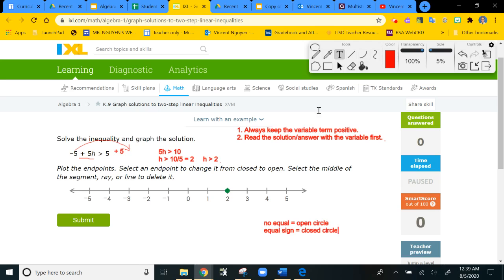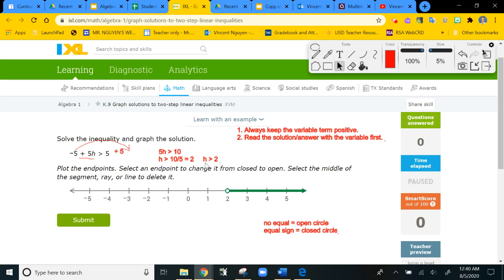So this is an open circle, so I have to click on the dot again. Okay, so if you click on the dot, it's just going to switch back and forth for you. Closed circle, open circle, closed circle, open circle, and we need open circle. And because we are greater than, we need to travel this way. Now you've got to travel all the way to the arrow point and click, because if you don't, it's going to stop right here at 3, and then it won't count any of these, right?